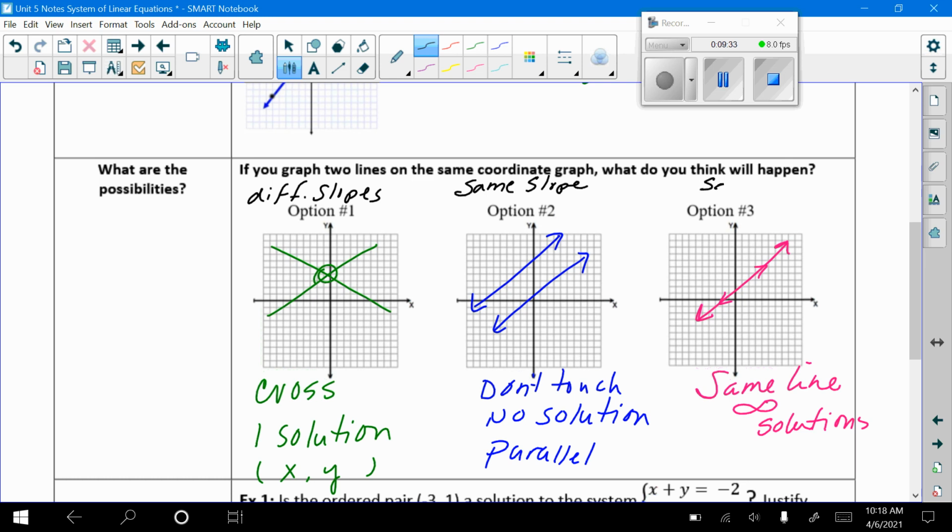But, little note to self, the parallel lines have to have different y-intercepts, so where they cross the y-axis is different. Here, they have the same y-intercept because they are the same line.